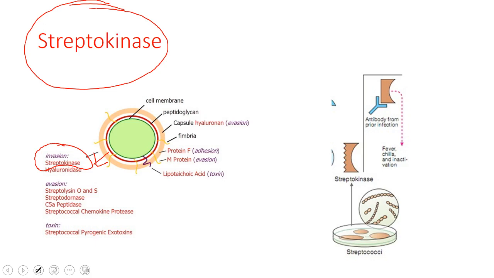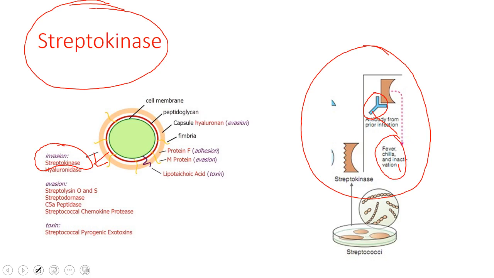Because you have it in a microorganism, when you administer it to patients, they may react to it and they may produce antibodies against streptokinase, and they may often have fever and chills during infusion.